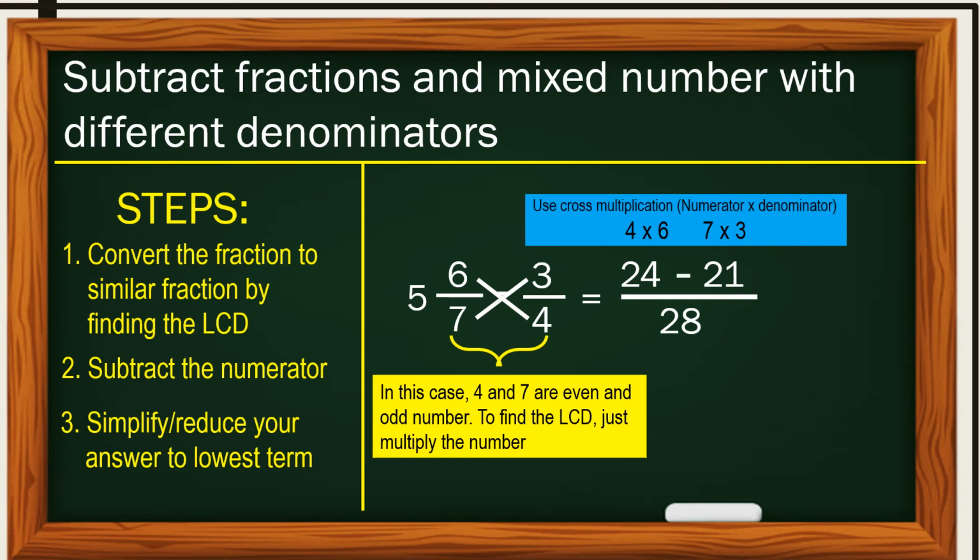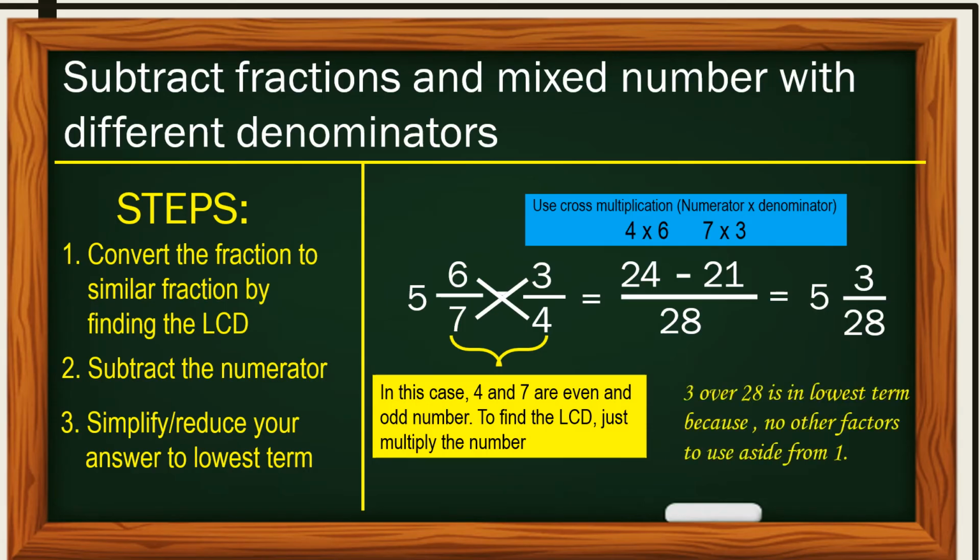Then let us subtract 24 minus 21 is equal to 3 over 28. Then copy the whole number. 3 over 28 is in lowest term, because no other factors to use aside from 1. So our final answer is 5 and 3 over 28.